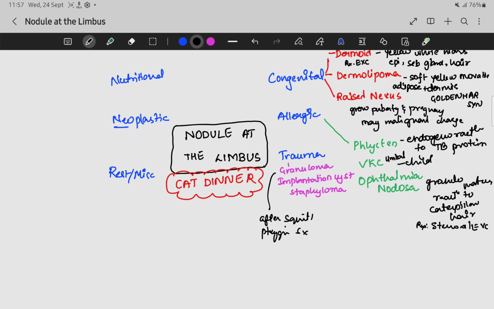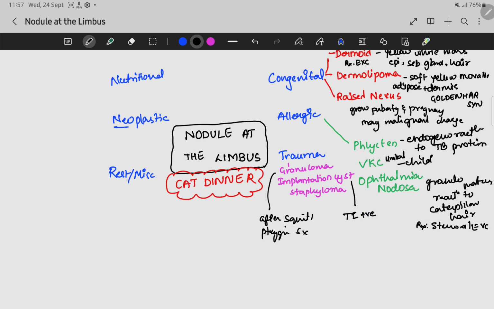The implantation cyst or retention cyst is due to some object which is implanted into the conjunctiva. So it produces whitish, a transillumination positive cystic lesion in the eye.